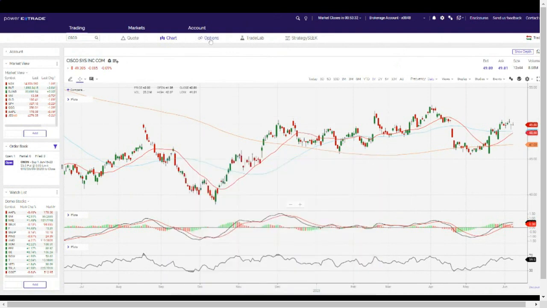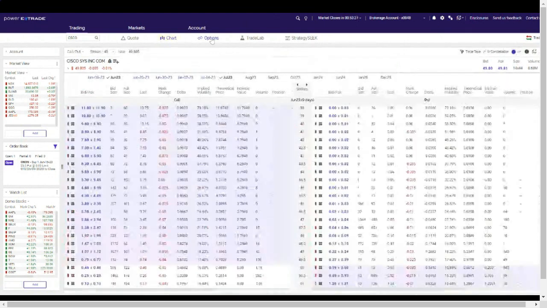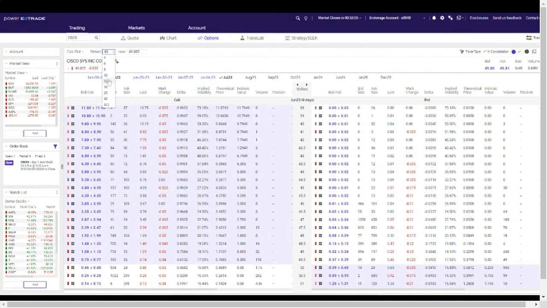We have a very advanced options chain, and we talked about it earlier today. And the way that you can trade an option spread in Power E-Trade is now so much more efficient. What we've really done, and the true sophistication of this platform, derived its birth from a proprietary trading firm that I worked at for years and years, called Peak 6.